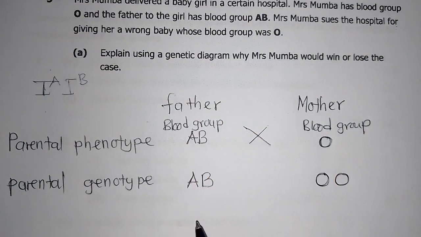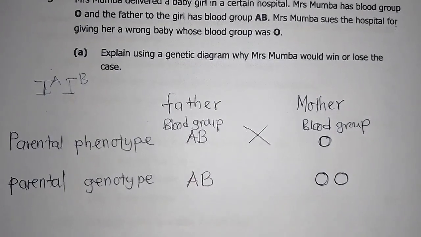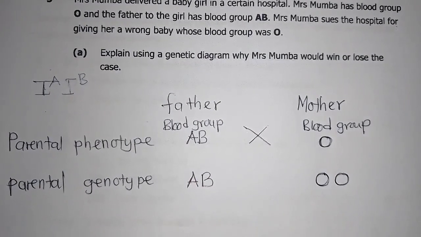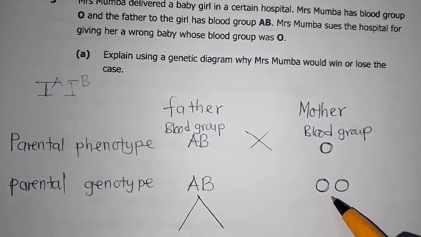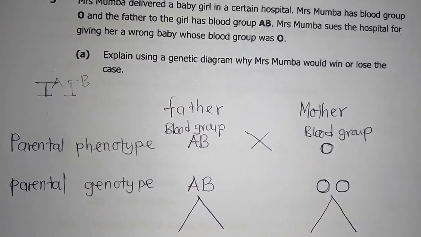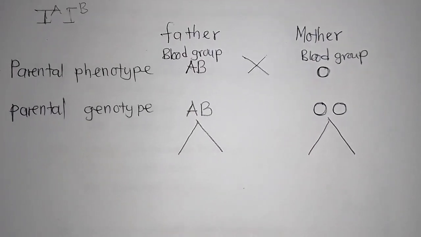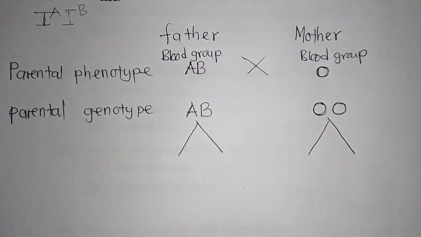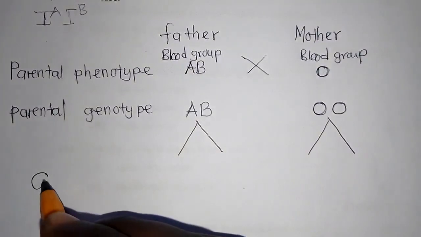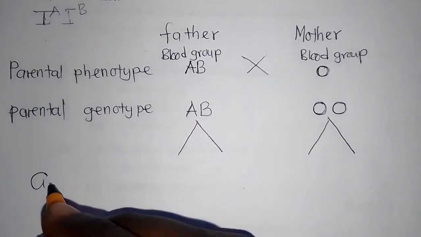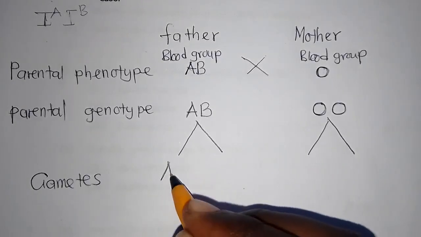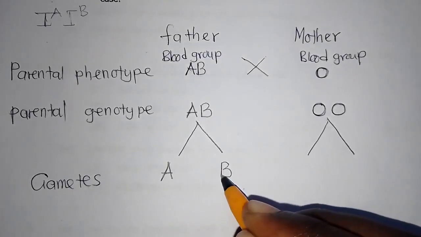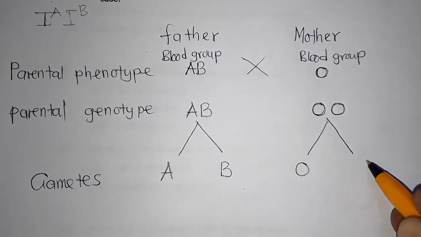After you reach here, to form the gametes, we separate these. So we are going to form gametes. The A comes here, the B goes there, O there, O there.